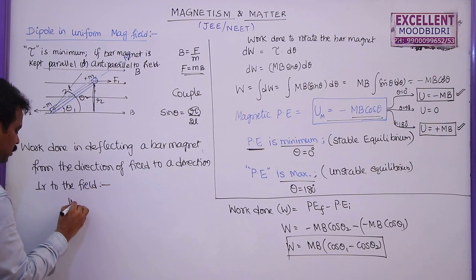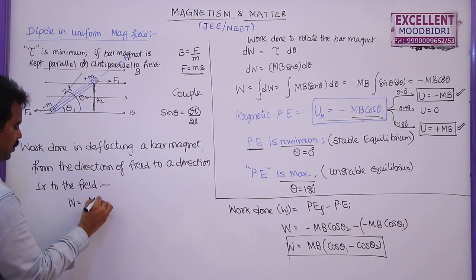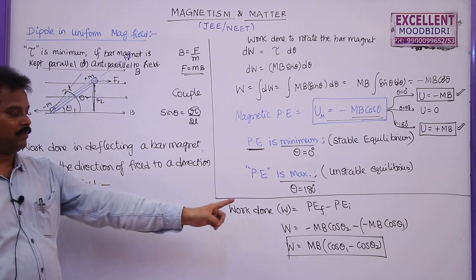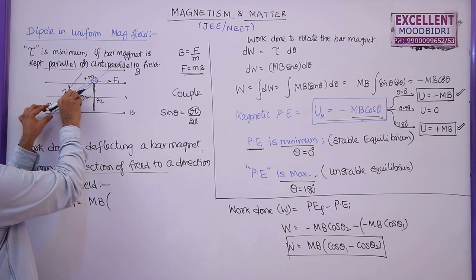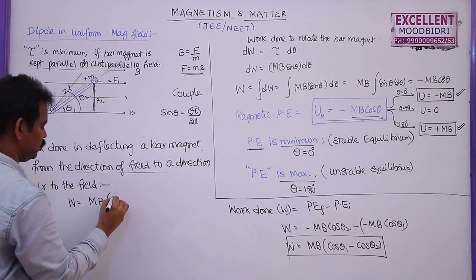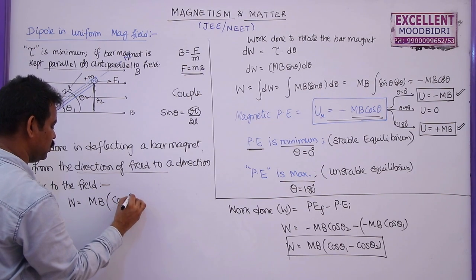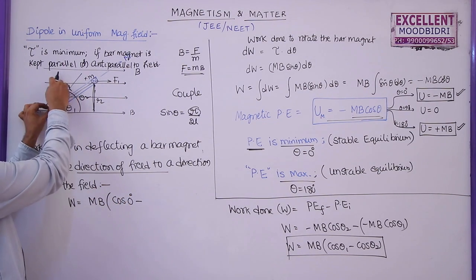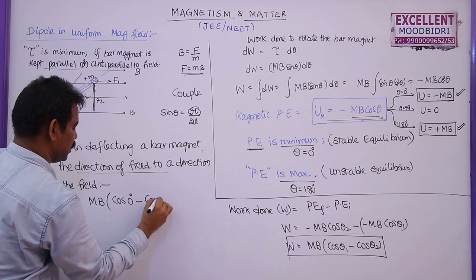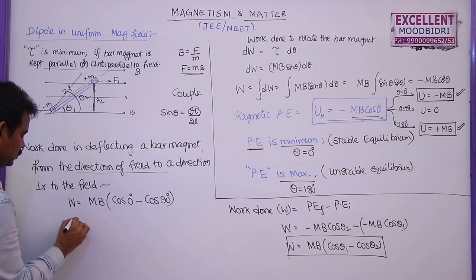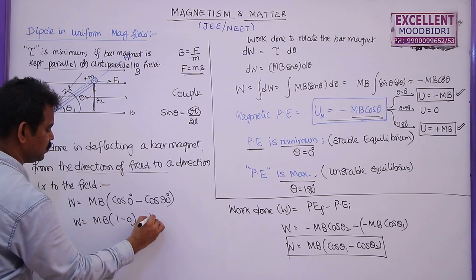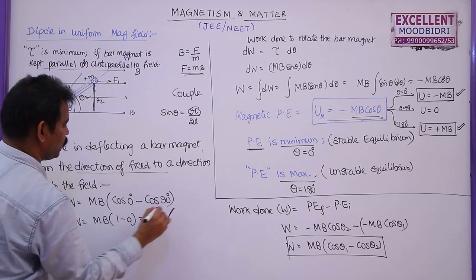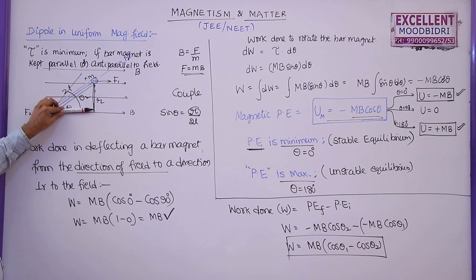Here work done is given by our expression mB (cos theta 1 minus cos theta 2). Initially it is in the direction of the field, so theta is 0. So this is cos 0 degrees minus, it is perpendicular to the field, so cos 90. This will be equal to mB into (1 minus 0), which is equal to mB. So this is the work done in deflecting the dipole from the direction of the field to perpendicular to the field.